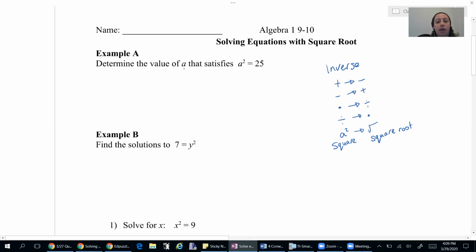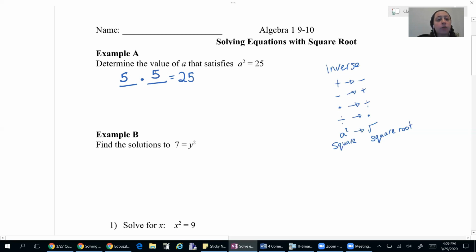Determine the value of a that satisfies a squared equals 25. So we want to find what number times itself gives us 25. Well, 5 multiplied by 5 equals 25.